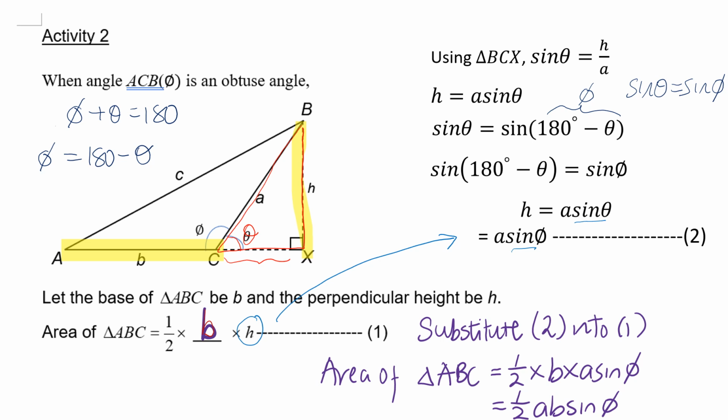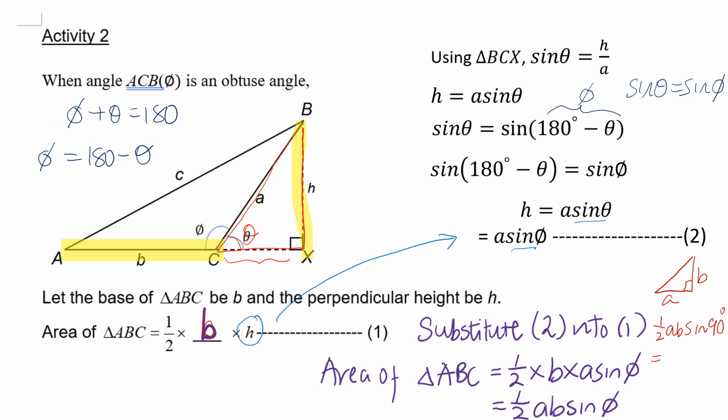How about a right angle triangle? Do you think we can also use that for a right angle triangle? Yes, you can also use that. If you use it for a right angle triangle, then that will become half AB sine 90 degrees. Your angle phi will be 90 degrees, and if you use a calculator to evaluate sine 90, that gives you 1.